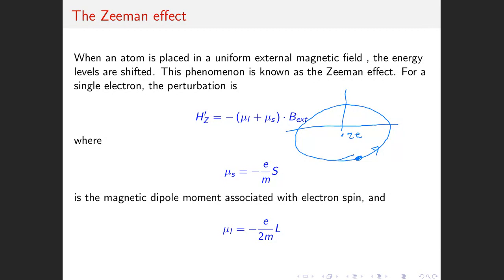It will have some orbital angular momentum, which will be called L. And with this orbital momentum, there will be an associated moment in L. Similarly, the electron is also spinning about its own axis, so it also has some S. So if you remember the equation that we defined, classically you know that mu will just be given by q over 2m multiplied by, which should I use for angular momentum? Let's just say L.